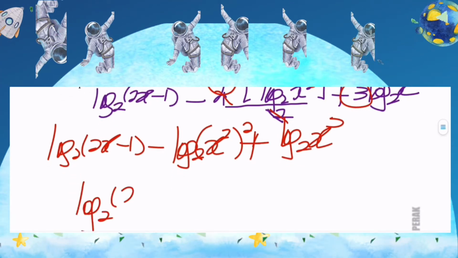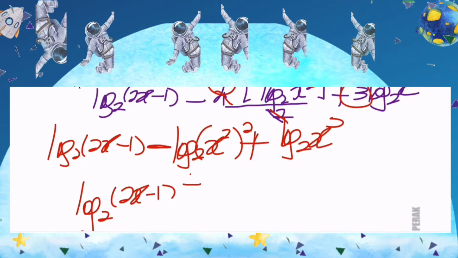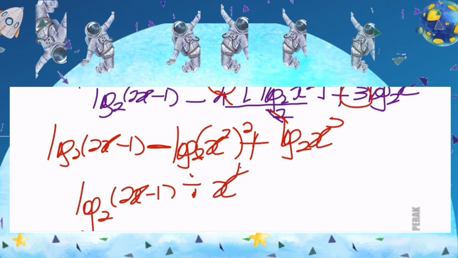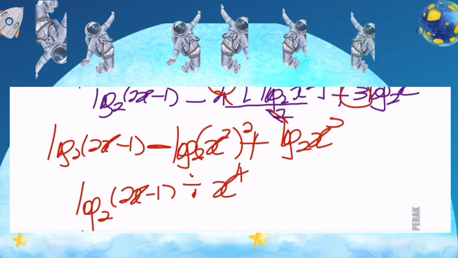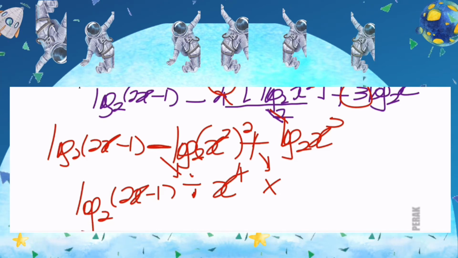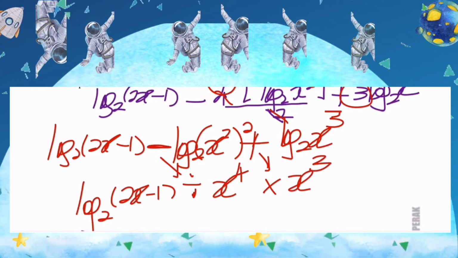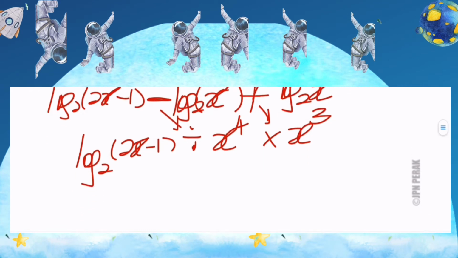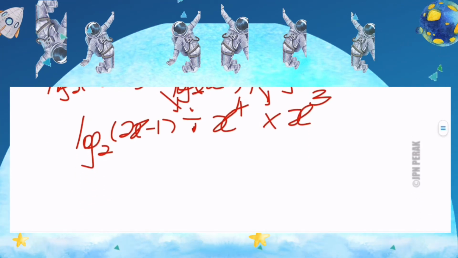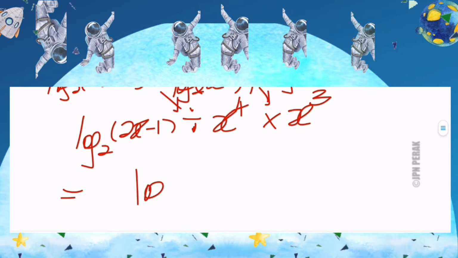Now, after we simplify so that in front of the log there is always 1, we can use the law: minus becomes divide, x to the power 4. We don't have to write the base again. We just write the number in the bracket and then x to the power 3. So the base is only written once, log base 2.